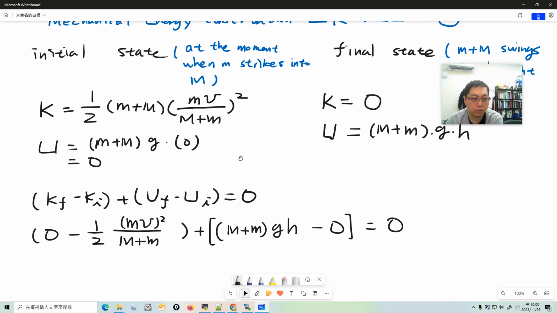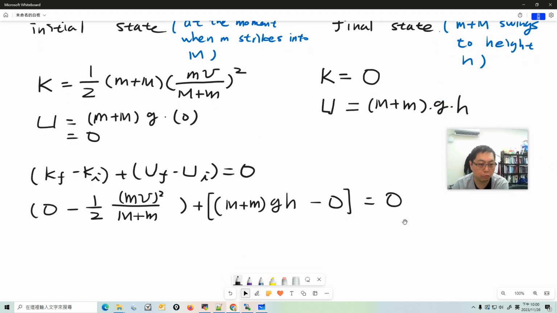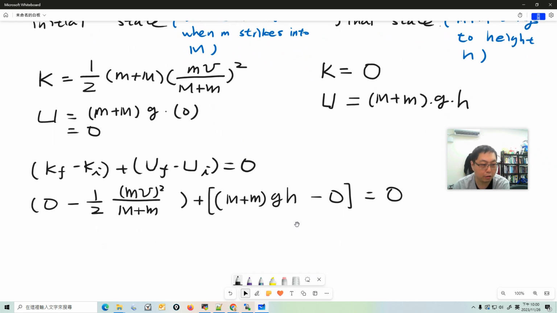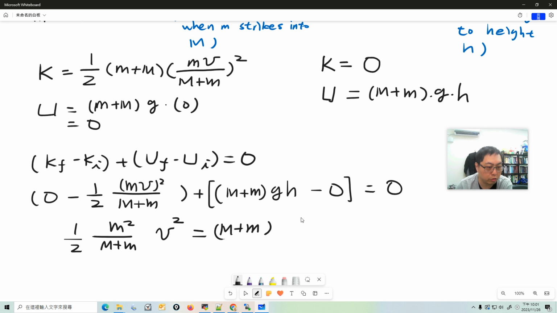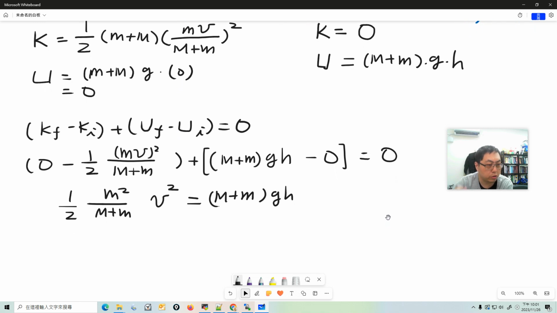As you see, using energy conservation, we will certainly reach the relationship between h and v. How to express this relationship? Let me see which one is better. So we get M plus m, times v squared, equal to M plus m times g h, where g is the gravitational acceleration.